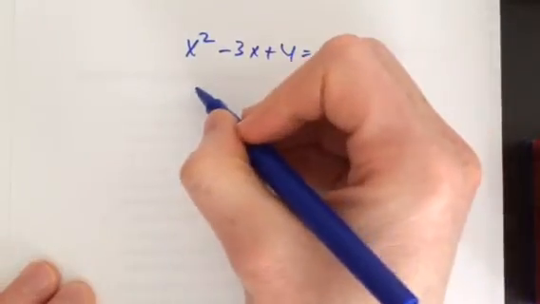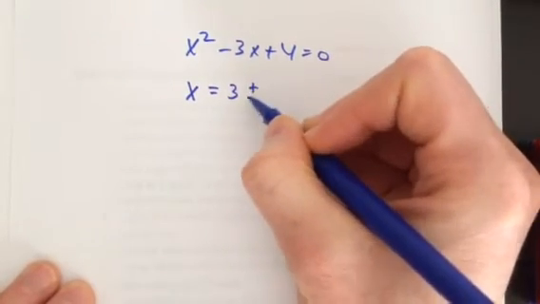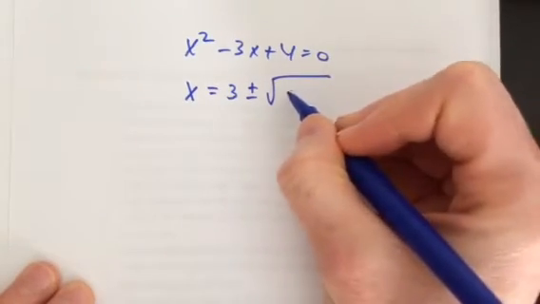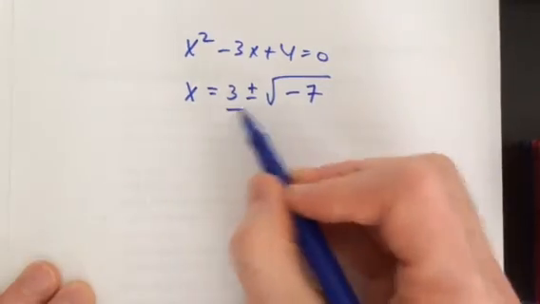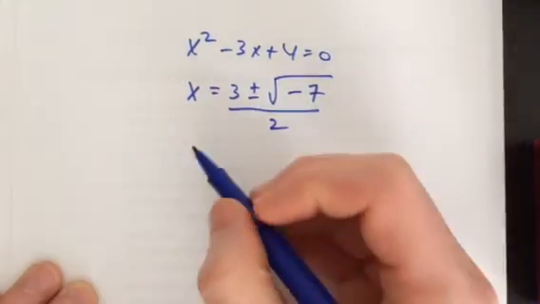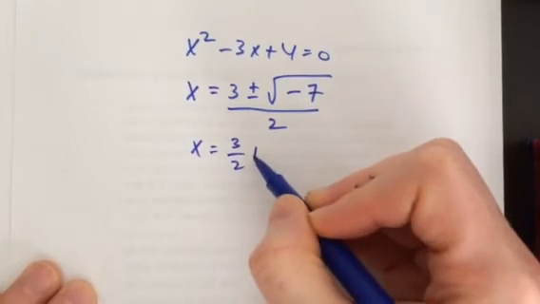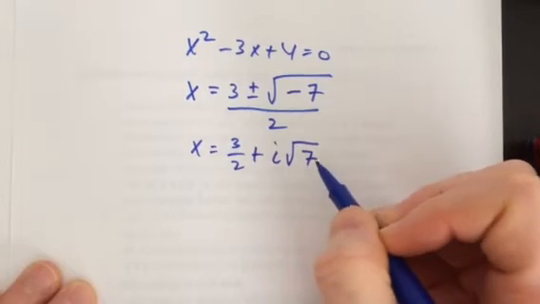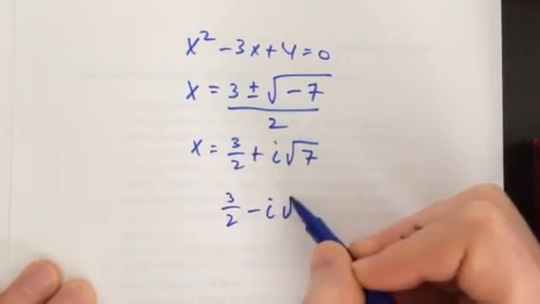That one will simplify down to x equals 3 plus or minus the square root of negative 7 all over 2. So we get x equals 3 halves plus i root 7 and 3 halves minus i root 7.